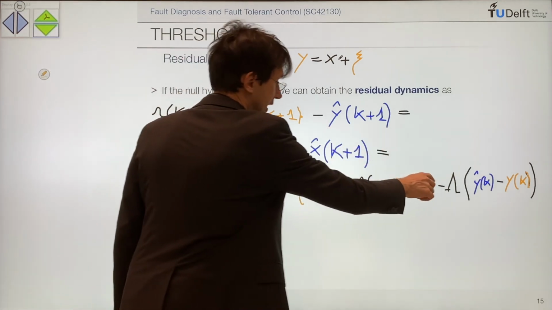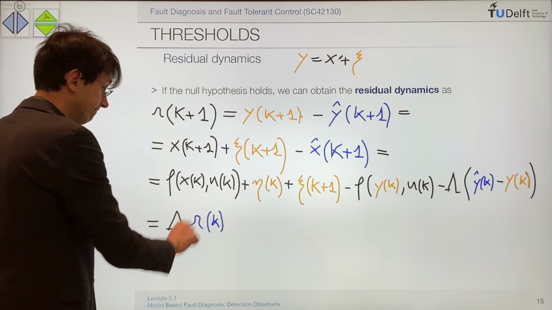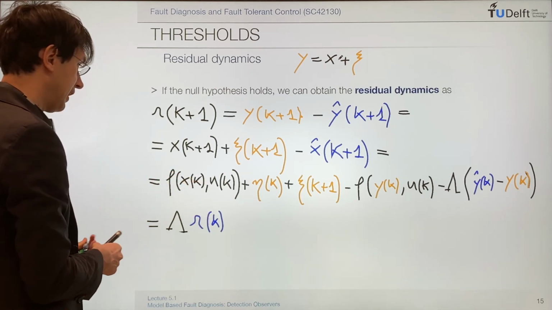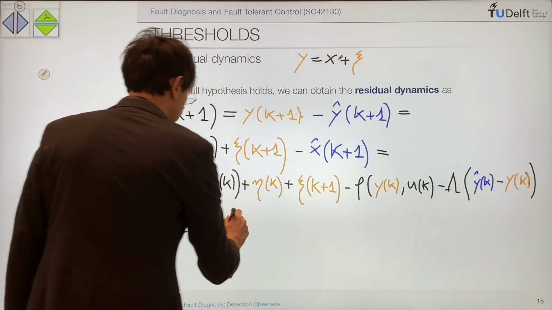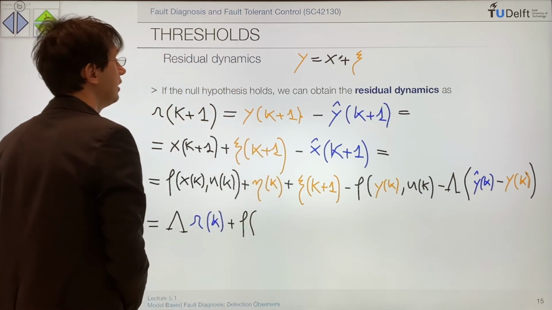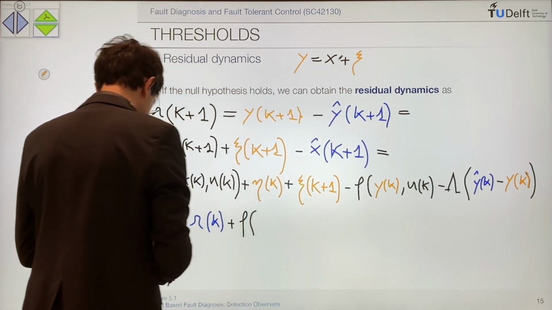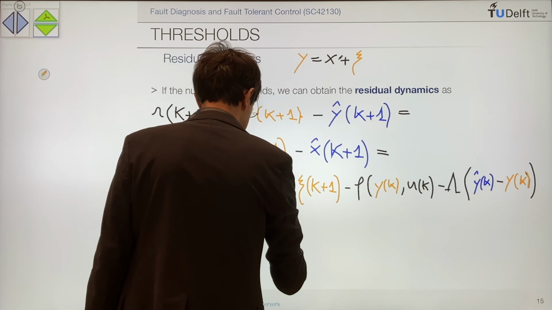So minus with minus, it goes away. So we have lambda that multiplies r. And then we have all these terms. So let us rewrite them in a nice way. We take this and we write it as f of what? X is equal to y minus psi. So let us write it like that.